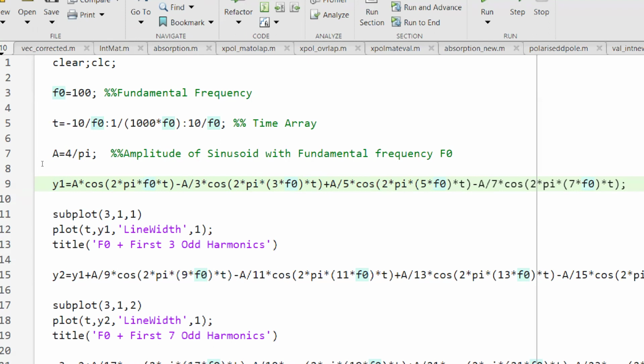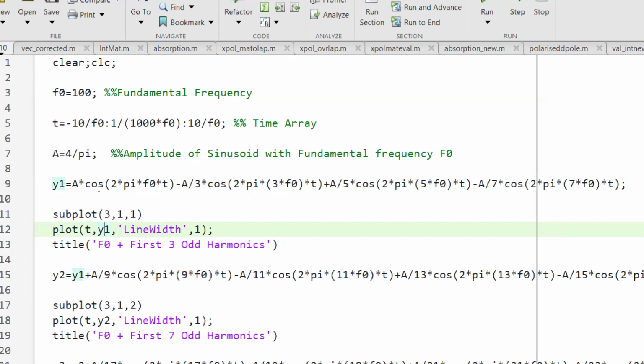Now we can plot this signal y1 with respect to the time array t. Here I have used the subplot function, and then the plot function, in which we plot the two variables t and y1.